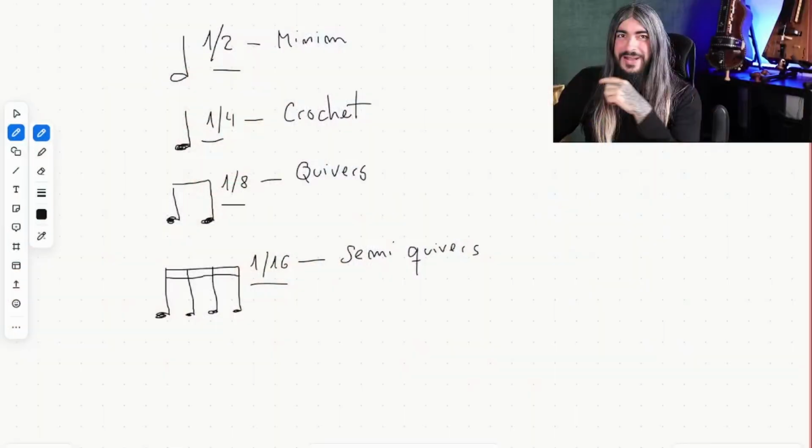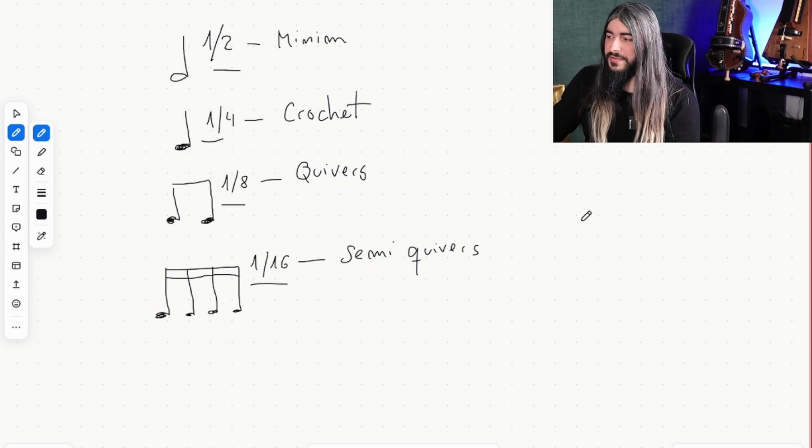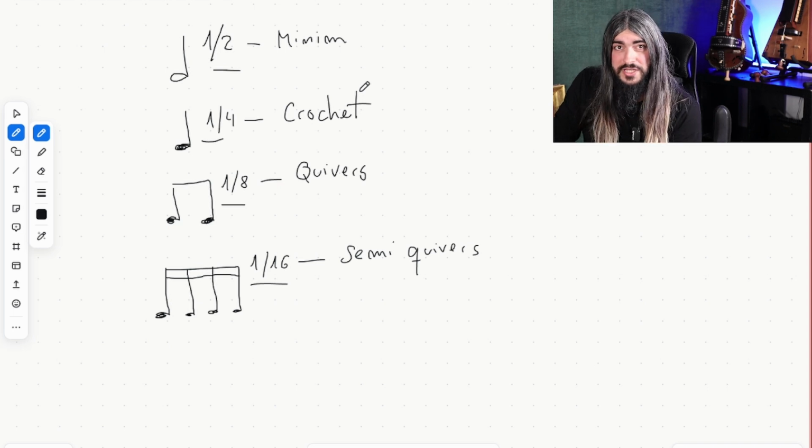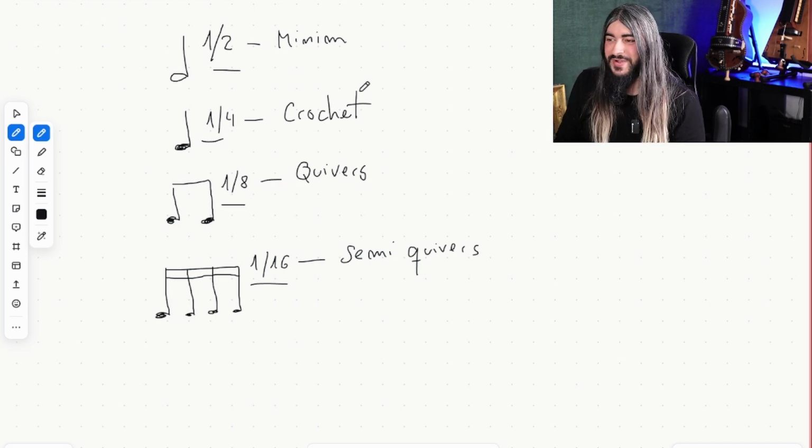Instead of calling them quarter, eighth note, 16th, half note, etc., we are going to associate specific words, which I am going to call rhythmic words from now on, to each one of the music figures, to each one of the values.